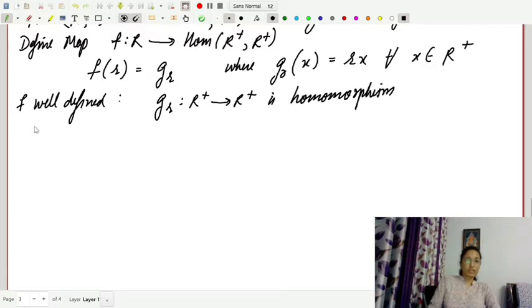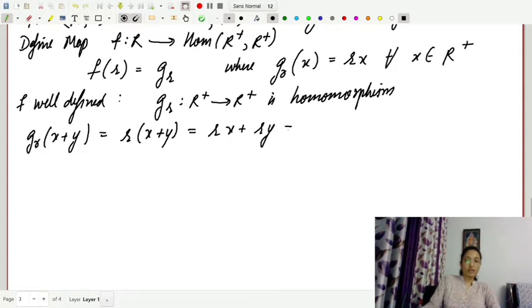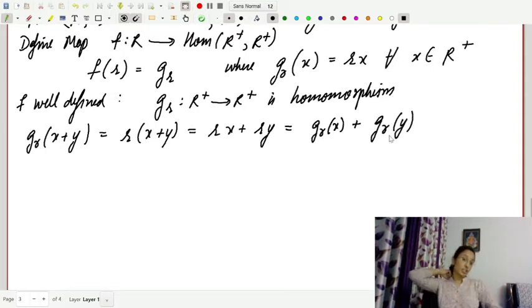होमोमॉर्फिज्म शो करने के लिए हमें क्या चाहिए? g_r(x + y) is equal to r(x + y), which is equal to rx + ry, which is equal to g_r(x) + g_r(y). इसमें हम मल्टीप्लिकेशन वाला पार्ट नहीं शो करेंगे. काफ़ी बच्चे इसमें गलती कर देते हैं. क्यों नहीं शो करेंगे? क्योंकि यहाँ पे R+ हमने एडिटिव ग्रुप लिया है ना कि रिंग ली है, इसलिए इसमें सिर्फ ये ग्रुप होमोमॉर्फिज्म होगा.